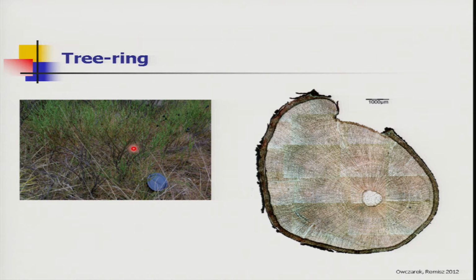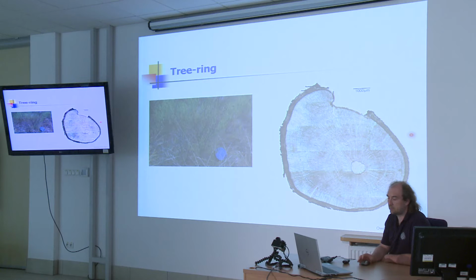Such a tiny plant can have up to 50 ring structures, and as you can see, the dimension here is very, very small. But something which we may call a tree ring or annual ring is present.